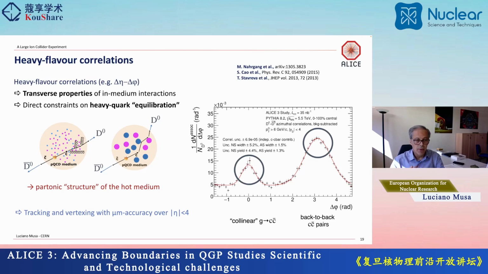Essentially, what we do is try to observe the degree of decorrelation of the c c-bar pairs in the medium. And by doing that, we can get a direct indication of the degree of equilibration of the charm quarks in the QGP, right? So in the sense that we start with the distribution in the absence of equilibration, we know what the distribution should be, with a peak for the back-to-back c c-bar pairs and another peak for the collinear c c-bar from gluon splitting.